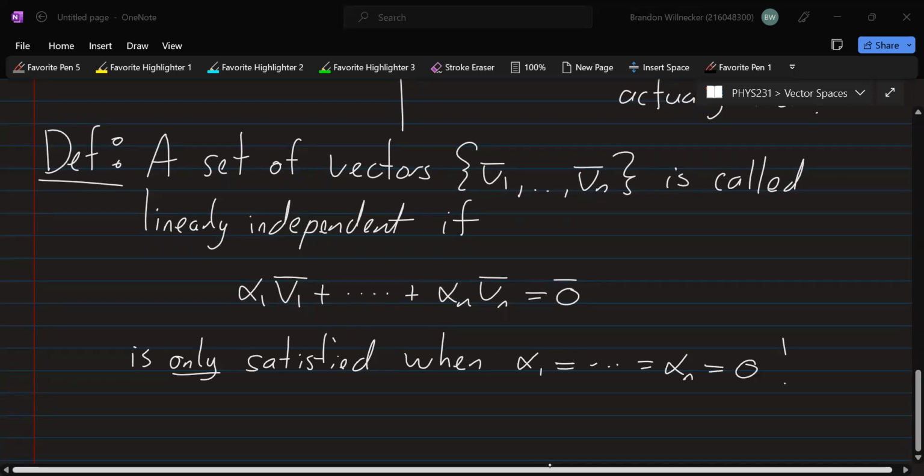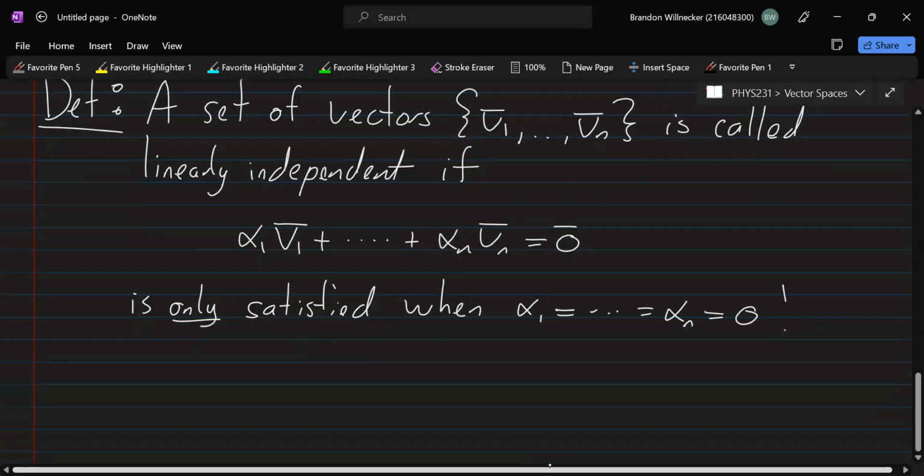Another way of phrasing this is that out of the set of vectors, we can't write one of the vectors as a linear combination of the others.